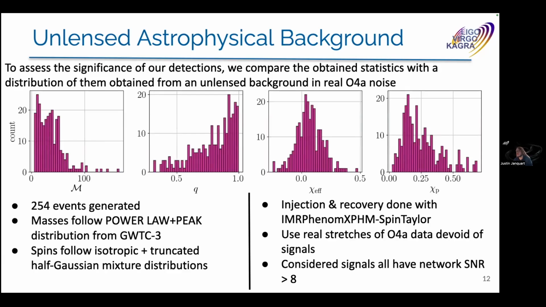We do all injections and recovery with the IMRPhenomXPHM-SpinTaylor waveform. To also have the effect of realistic noise, we use real stretches of O4 data that are devoid of signals. So we look for places where there's no signal and use this noise for doing the injections. And as a proxy to detection, we consider signals that have a network SNR higher than 8.